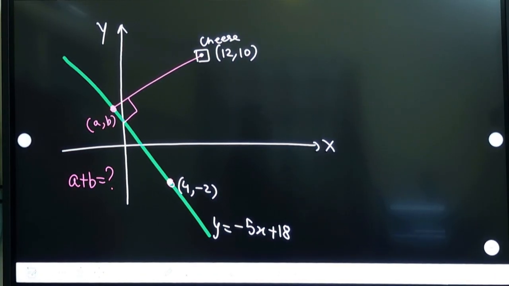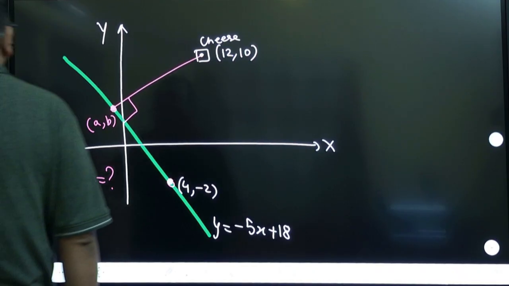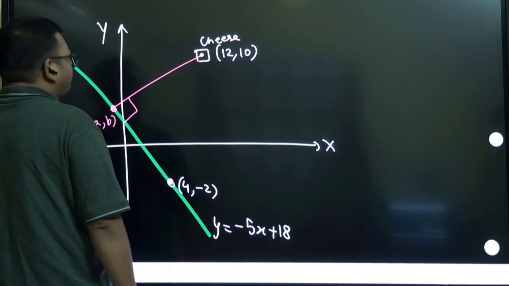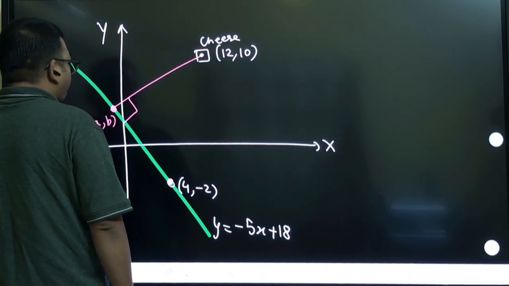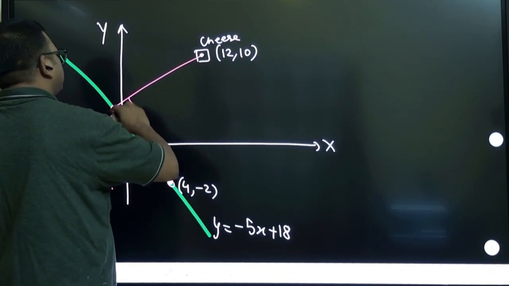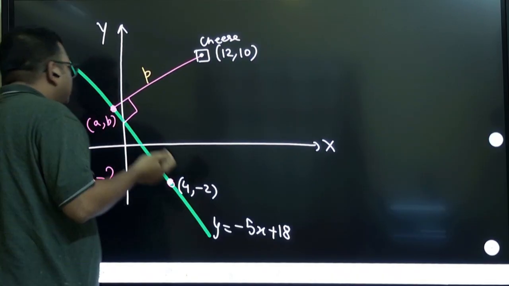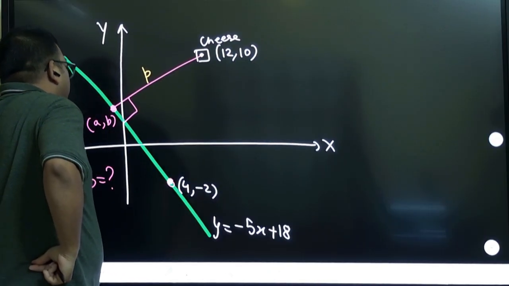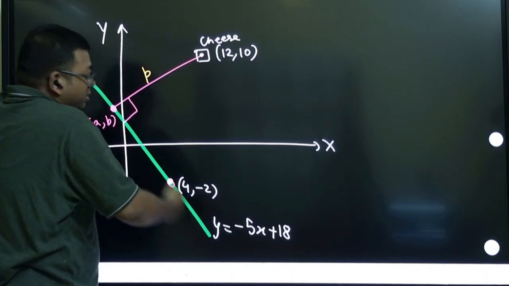How to solve it? There are many ways of solving it. What is the best way to solve this problem? First of all, let us take this perpendicular distance as P. We can calculate P, because this is the line, right?